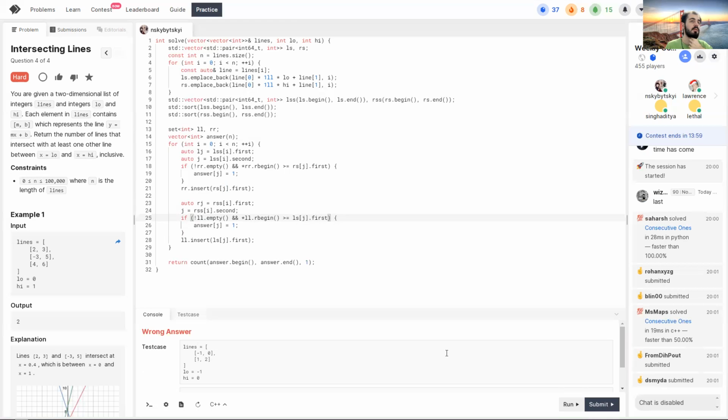We should count everyone. So when can a line intersect somebody? If we have a line with increasing slope, let's say, it intersects with lines where the left coordinate is greater and the right coordinate is smaller, or the left coordinate is smaller and the right coordinate is greater.